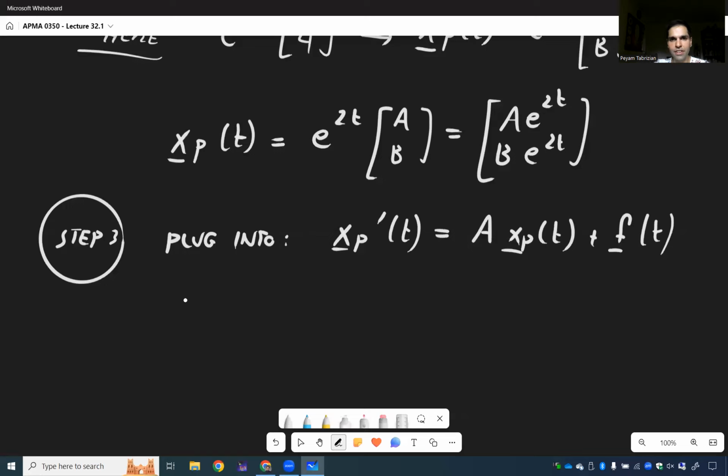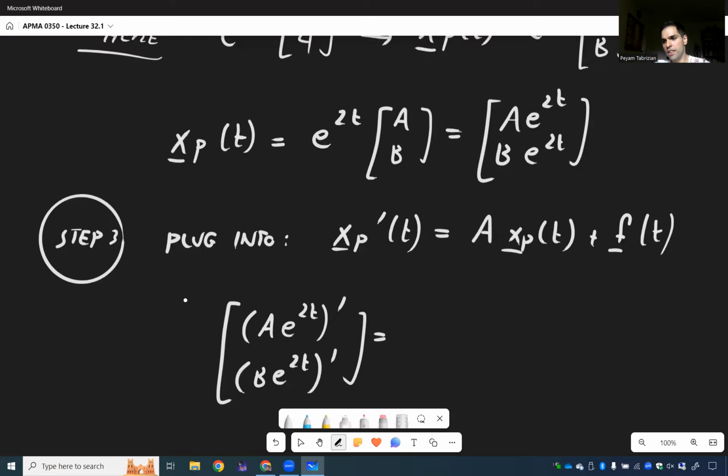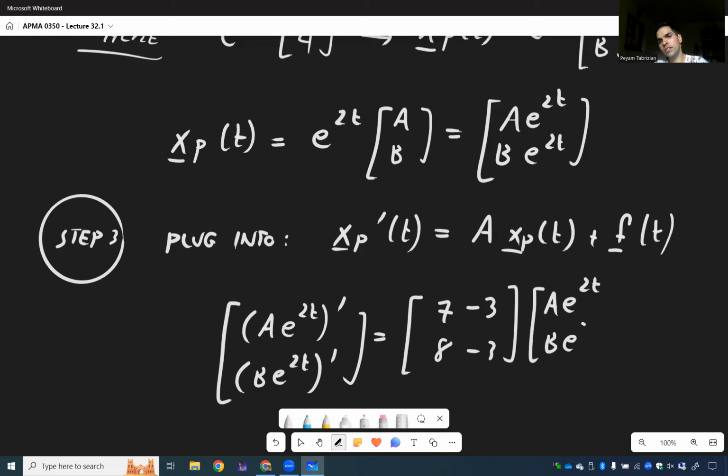And so what we have is, the derivative is (a e to the 2t)' and (b e to the 2t)', and then [7, -3; 8, -3] times (a e to the 2t, b e to the 2t). So that was xp. And then the inhomogeneous term, which was e to the 2t, 4e to the 2t.